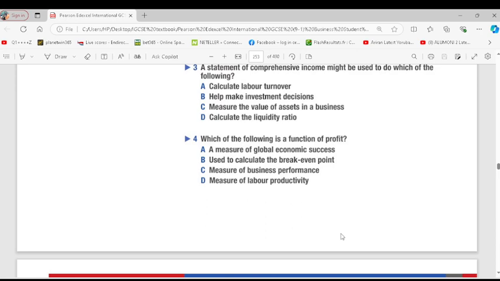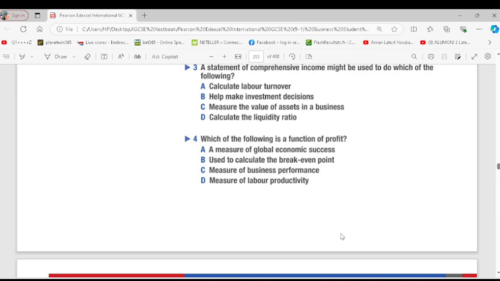Question 4. Which of the following is a function of profit? A, a measure of global economic success. B, used to calculate the break-even point. C, measure of business performance.